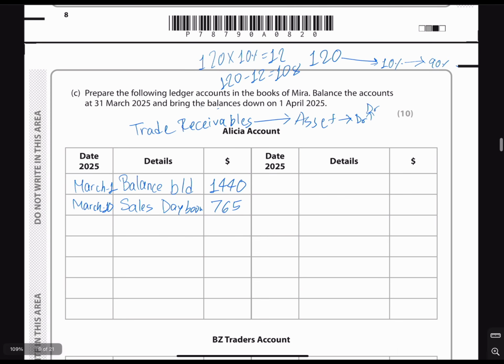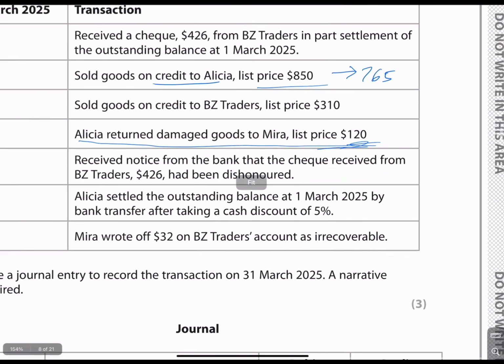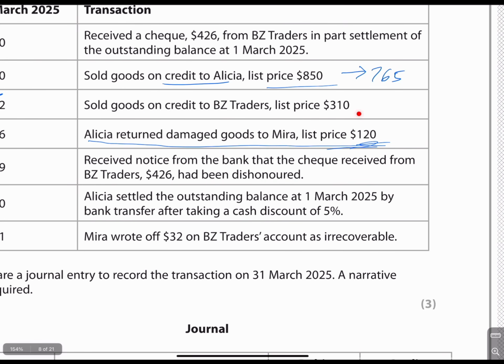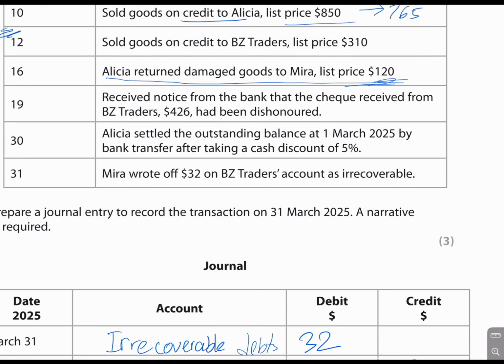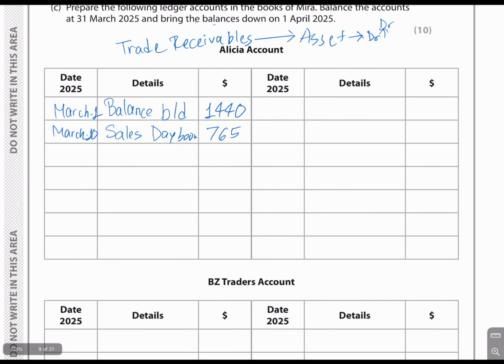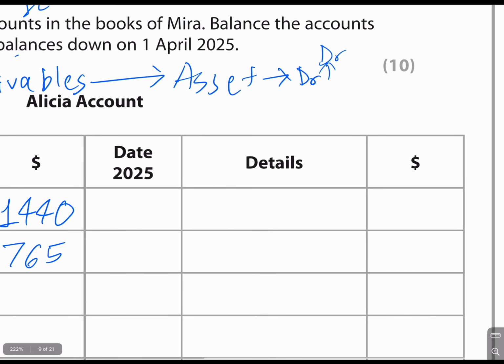Now the discounted amount of the good that had a list price of 120 is 108. Now which side do we enter sales return on? Remember, it decreases the receivables. Whenever your customer is returning the good back to you, it decreases your receivable, and receivable is an asset.